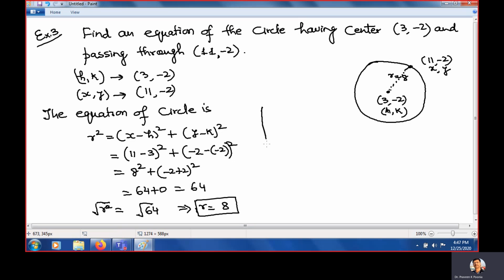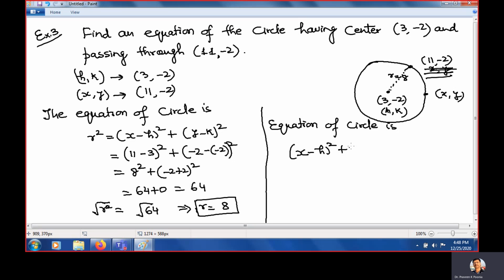Understand? Now you can find the equation. So the equation of the circle is, now we will not put this x and y because that was the given point. x, y is any general point. So it will be (x minus h) power 2 plus (y minus k) power 2 is equal to r power 2.